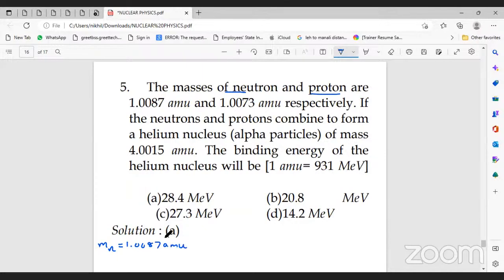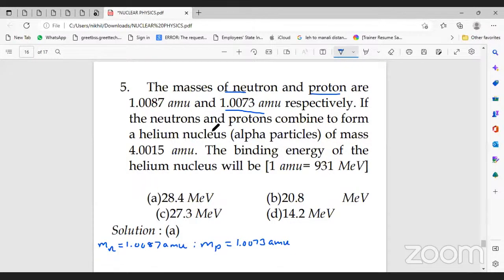You know AMU is nothing but an atomic mass unit. Proton mass is also given. Mass of the proton is 1.0073 AMU.